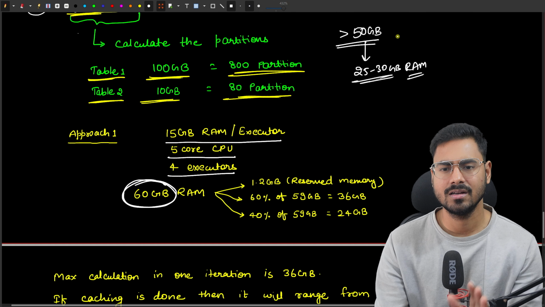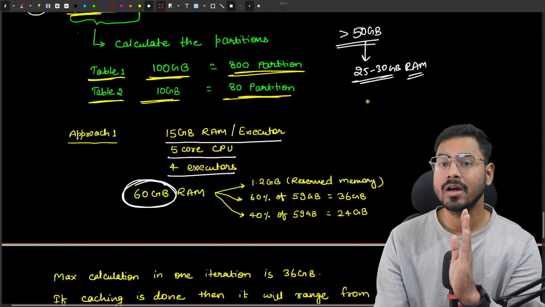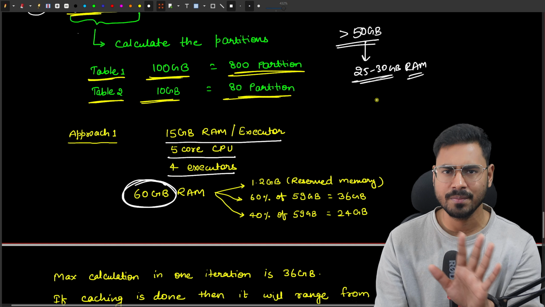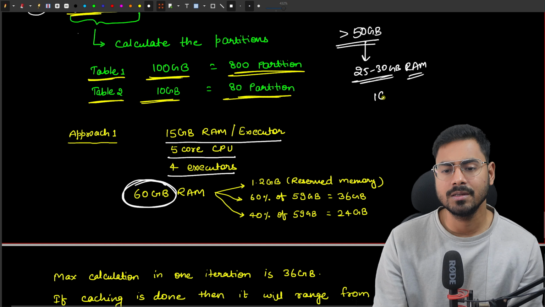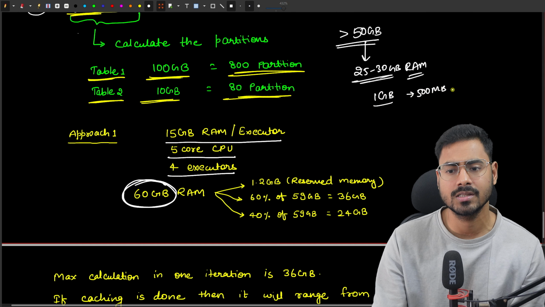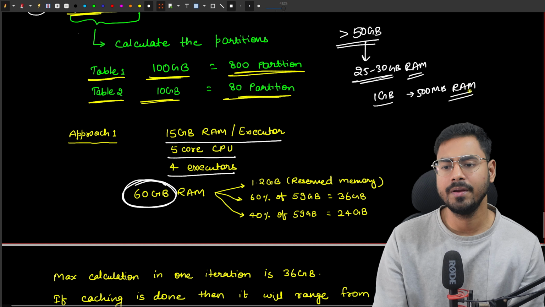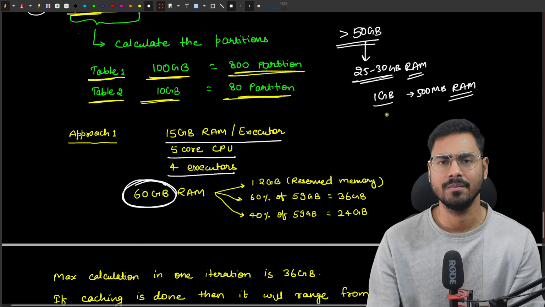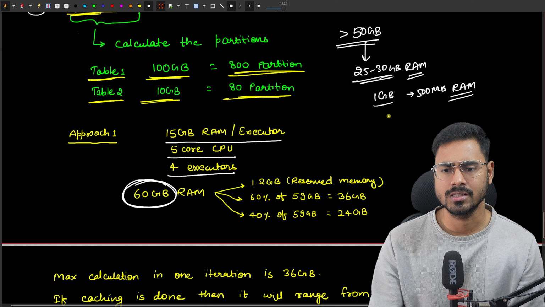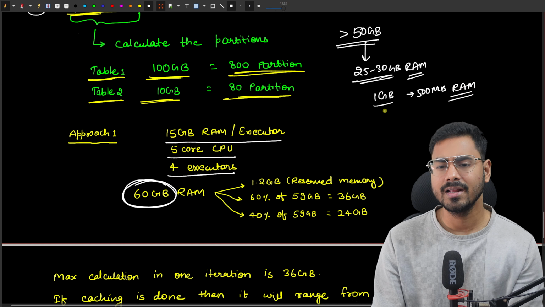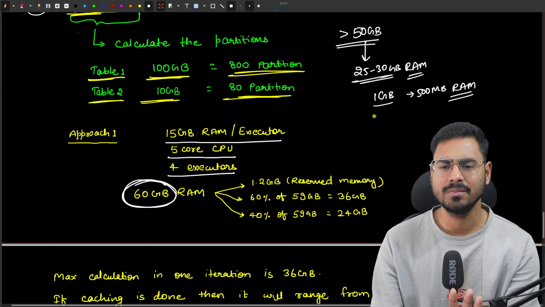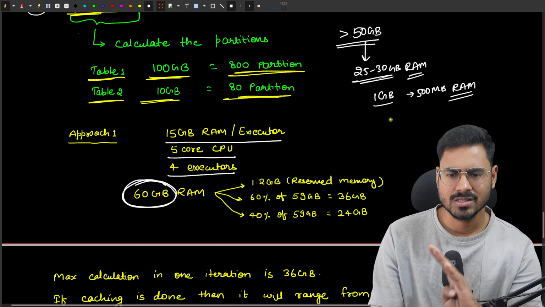So if this is greater than 50 GB, fine, but you cannot say that for 1 GB or 2 GB or 5 GB of data. If you have 1 GB of data, you cannot say that I will need 500 MB of RAM to process the data, because this is going to fail. Most of the time it will fail with out of memory, either the driver will go or the executor will go. For 1 GB, generally I consider almost 3 to 4 times.